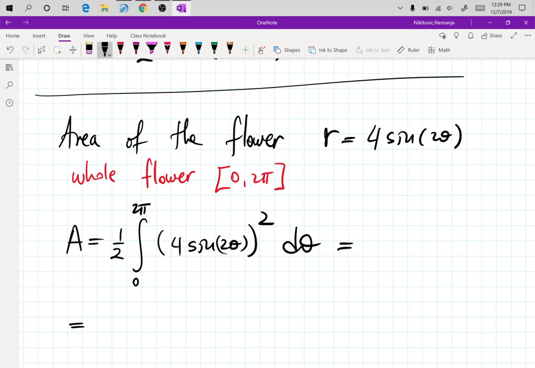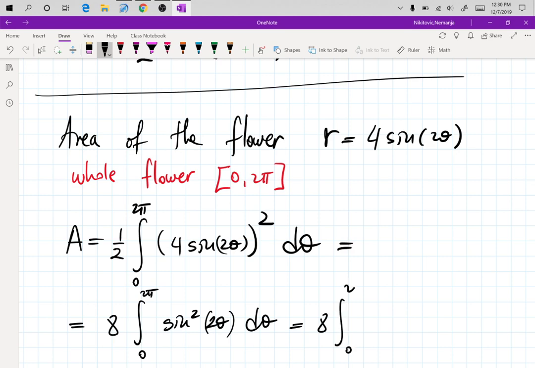It's 1 minus cosine, that one. I need that one. It's the only way you can do this. All right, so what's 4 squared? 16. Kick it outside. Very good. And now we have 8 in front of the integral, and we have sine squared 2 theta d theta.